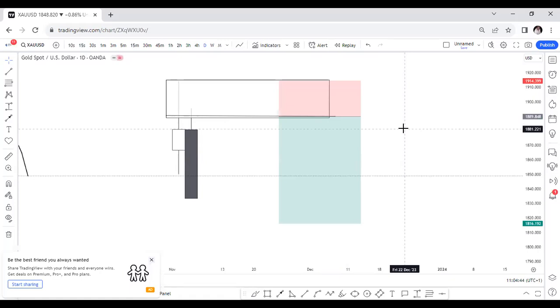The pros is that you will have a comfortable entry, and you may have a less risk trade, right? But the disadvantage is that you may not have as many trades as expected, as many as it ought to be.